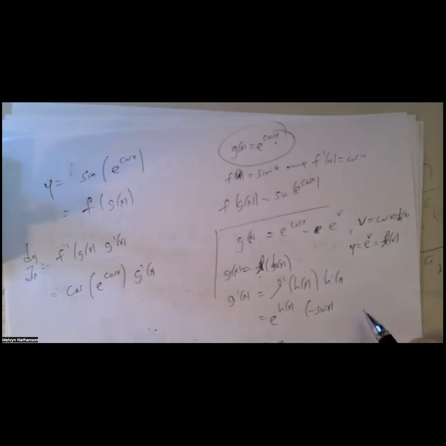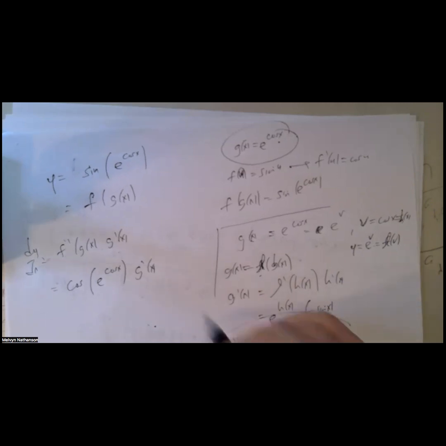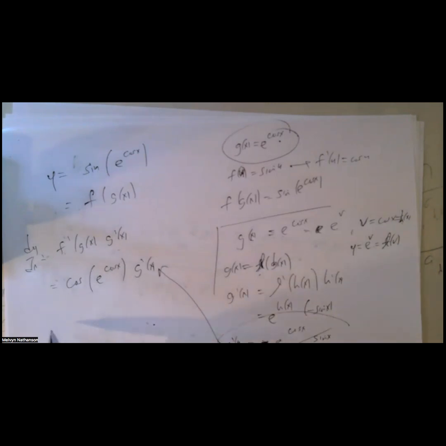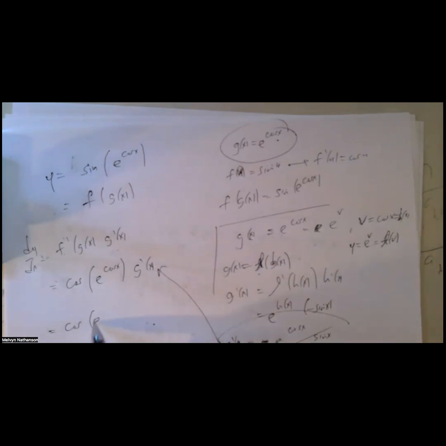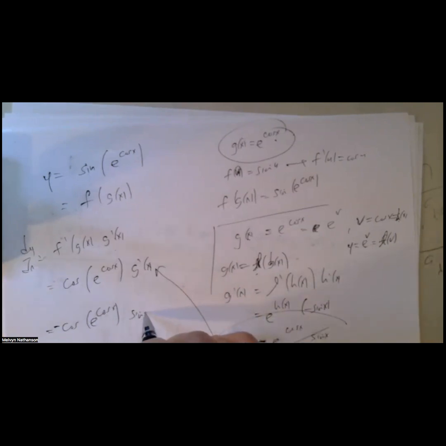So this is e to the cosine of x times minus the sine of x. That's g prime of x. That's what we insert there. So we get the cosine of e to the cosine of x times minus sine x times e to the cosine of x.